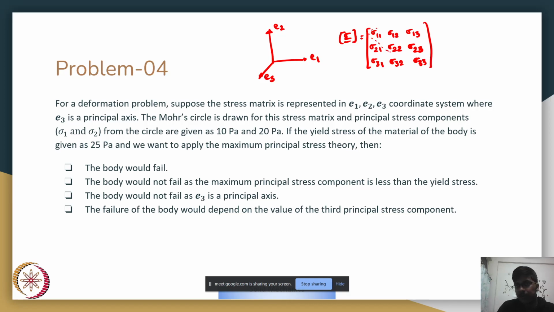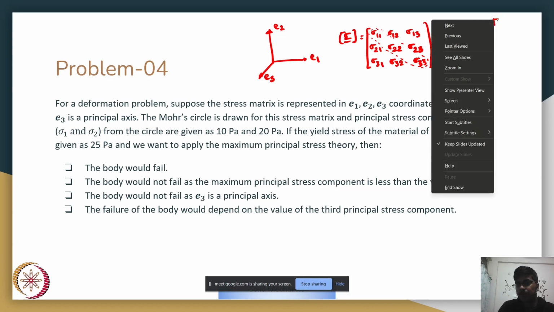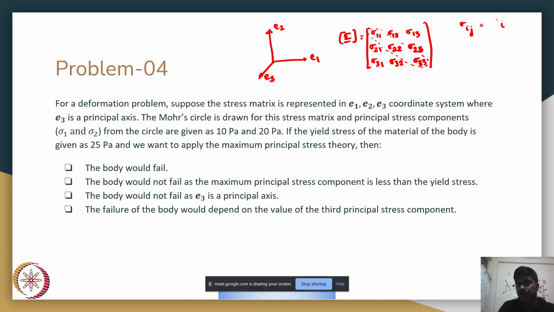Now we know that the diagonal terms are normal stresses and sigma ij would essentially mean that it's the force in the i direction on the jth plane. So if we look at the first column, sigma 11, sigma 21 and sigma 31, these are all the forces that you would get in the body.